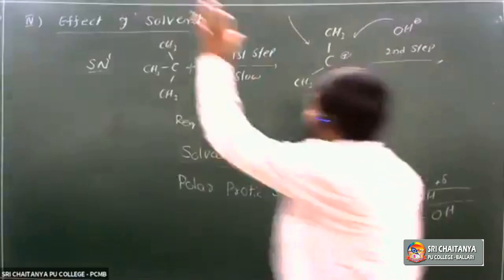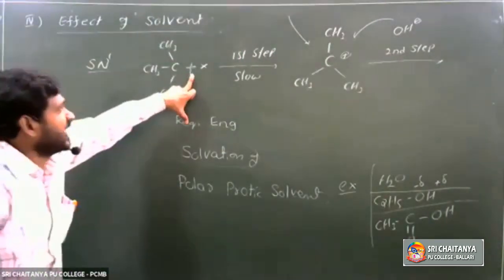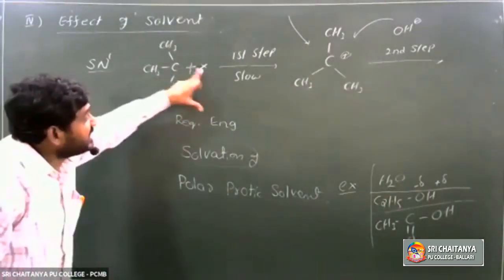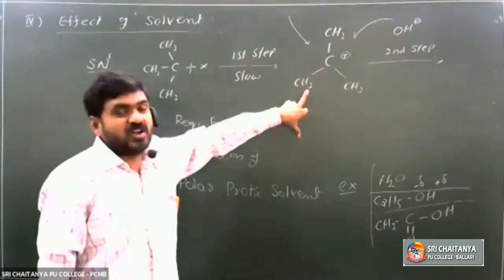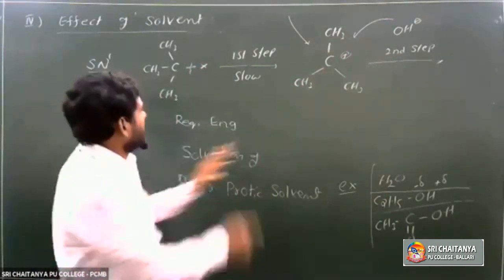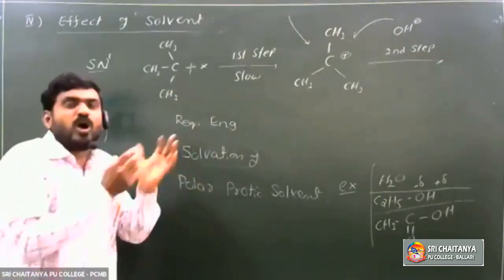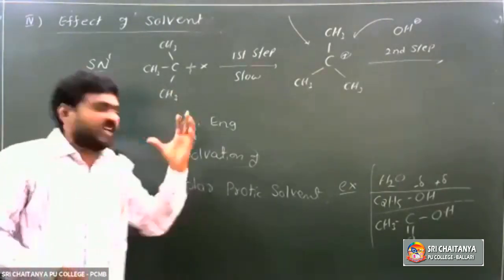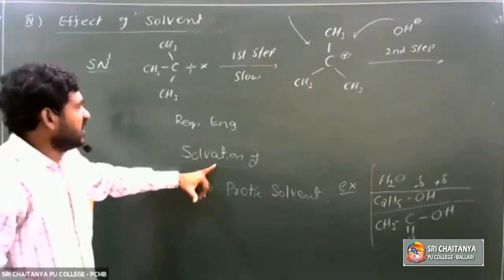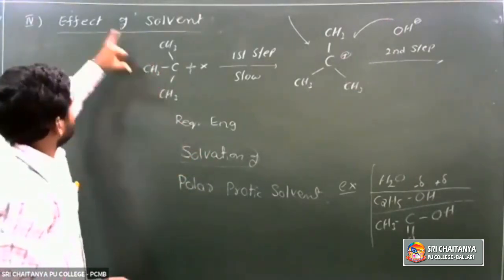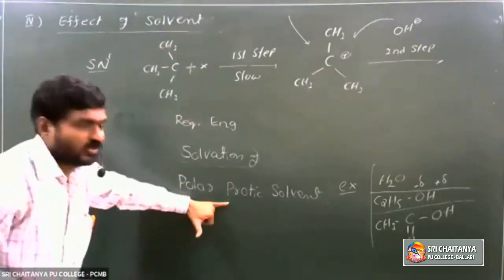So in the SN1 mechanism, in the first step, to break the C-X bond in the formation of the carbocation, some energy is required. The alkyl halide molecule absorbs this energy in solvation. So in an SN1 reaction, what is the effect of solvent?